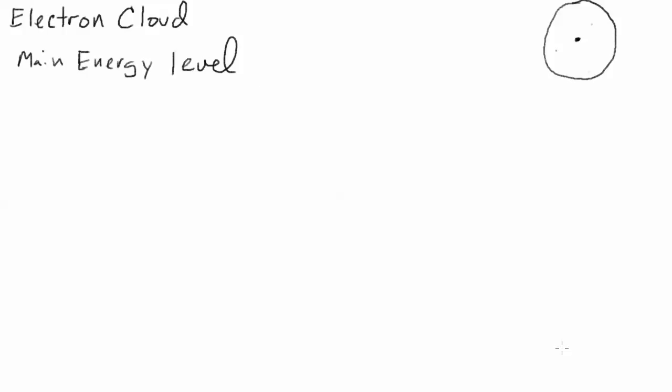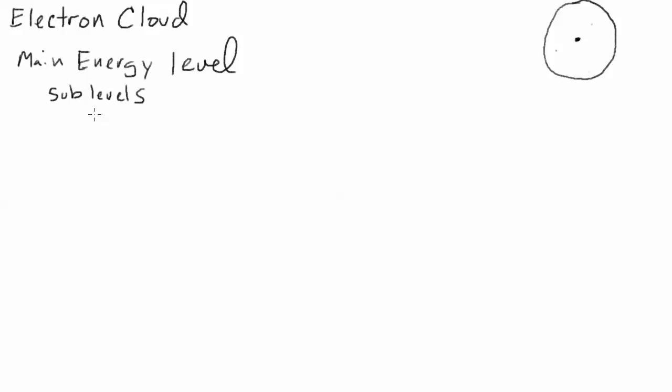The next important characteristic of these three-dimensional spaces in the electron cloud, where electrons probably are, are called sublevels. On a main energy level, there will be one or possibly more sublevels.